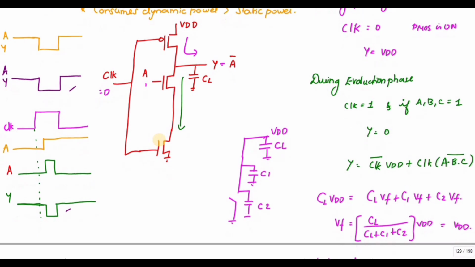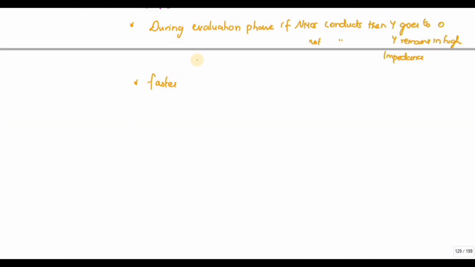But it has dynamic power because of the more switching transitions, due to VDD and due to the capacitance. The advantage is that it is faster and consumes less area.